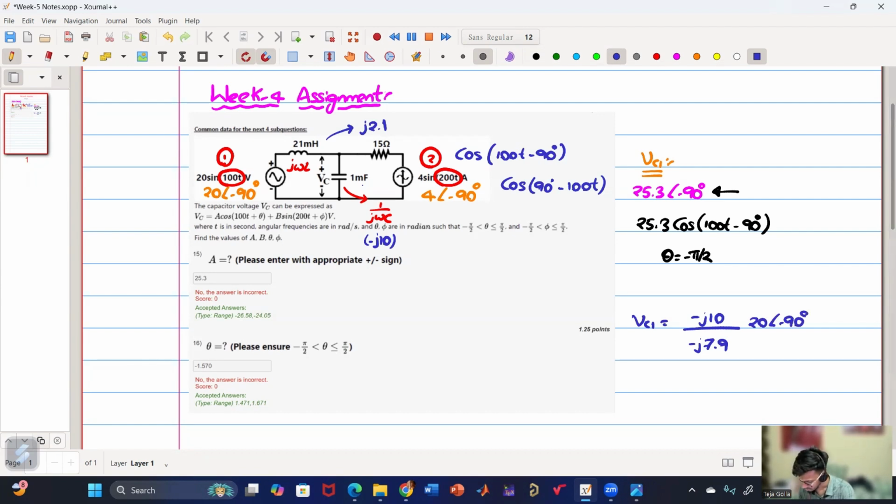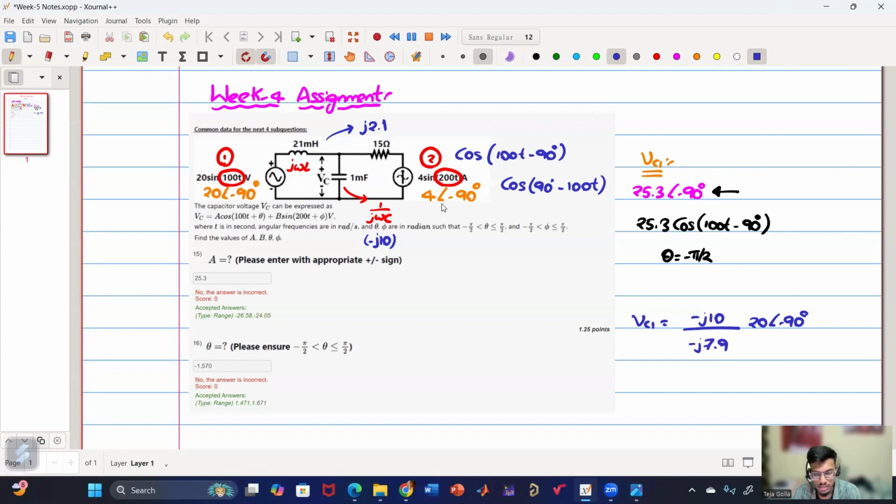Okay. So in this case, you are correct. Then if this is minus j10, can everyone calculate whether you are getting minus j10 or not? So 100 into 1 milli, I think, yeah, minus j10. So 21 milli is what? 21 into 10 to the power minus 3 into 100, 2.1. Yeah, then you are right.